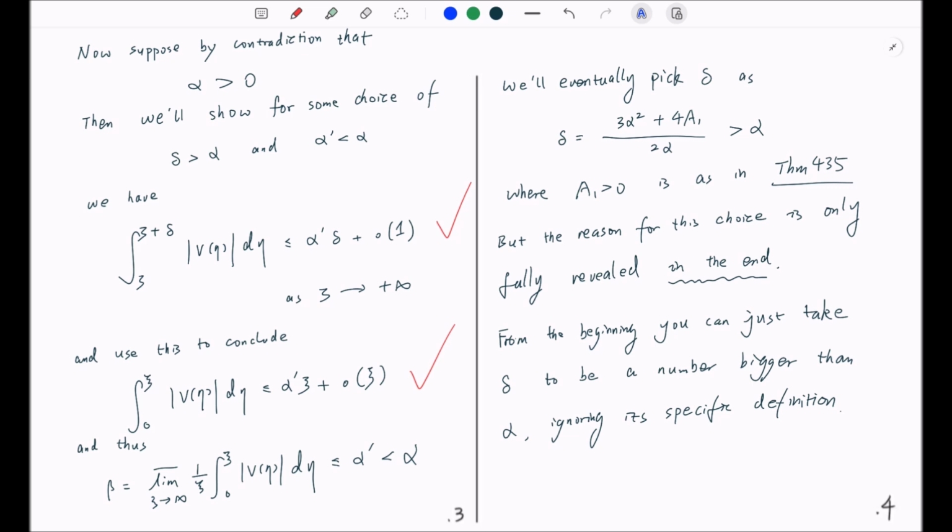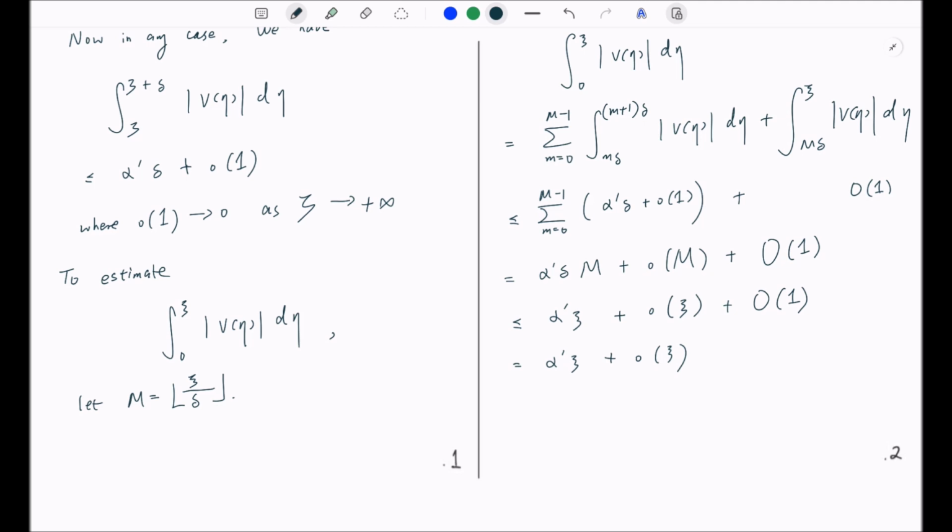And now we are ready to conclude a contradiction. You should feel excited at this point because this is the very end of the proof of the prime number theorem. Hence, our beta, which is defined as the lim sup of this average, now you divide both sides by psi. What do you see?